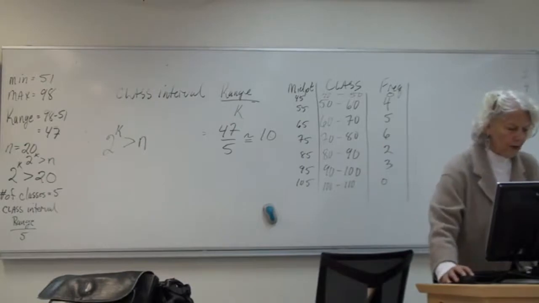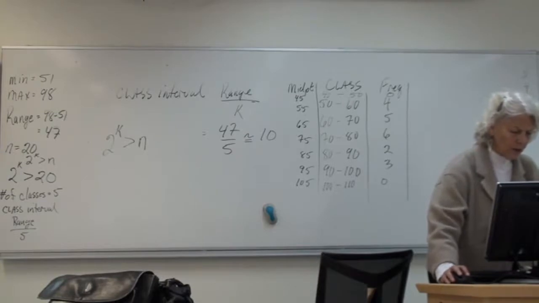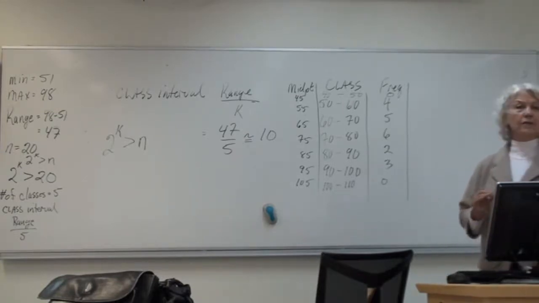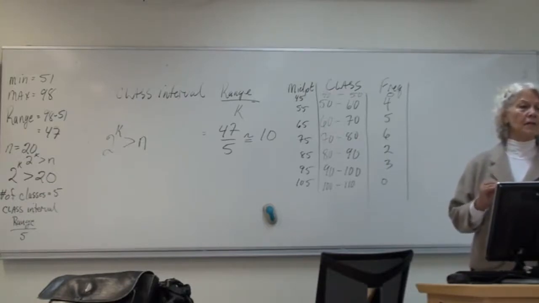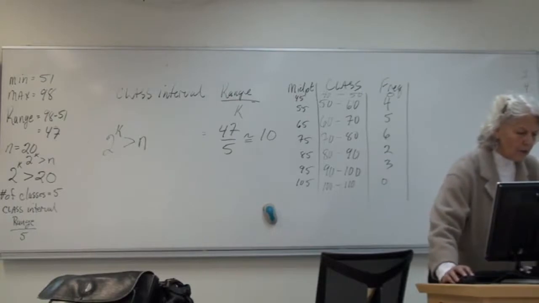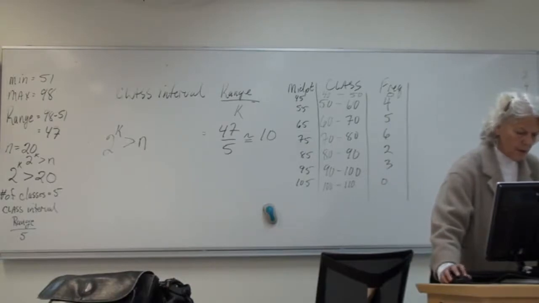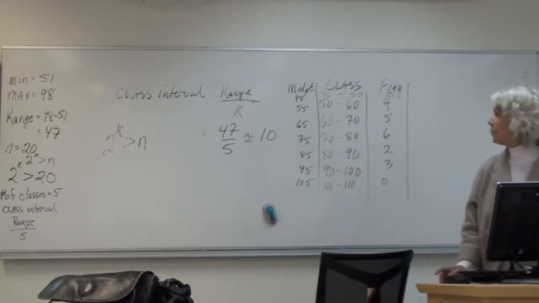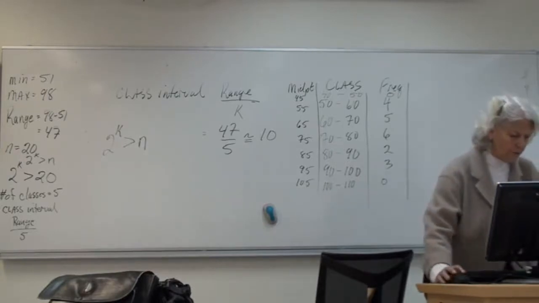First of all, I'm going to change my window, and I'm going to start at 40 and go to 110. Everybody understand why? It's a frequency polygon. It must begin and end on the axes. Then I'm going to go into Stats, Edit, and in List 2, I'm going to put the midpoint starting at 45.